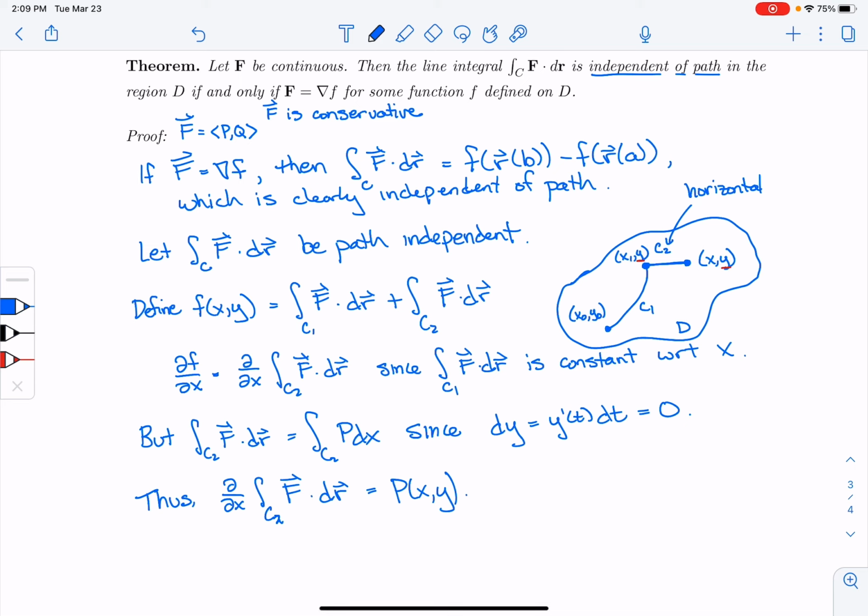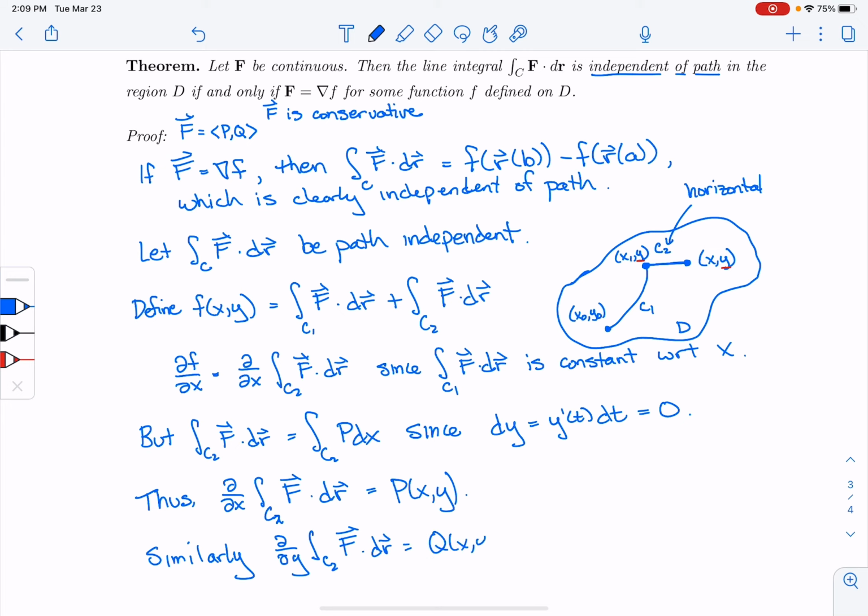That's interesting. Well, then we can play this game again. We can draw different paths and play this game again that we just did. So maybe define f in a slightly different way to show that d dy of this integral over C2 of F dot dr is going to be Q of xy.